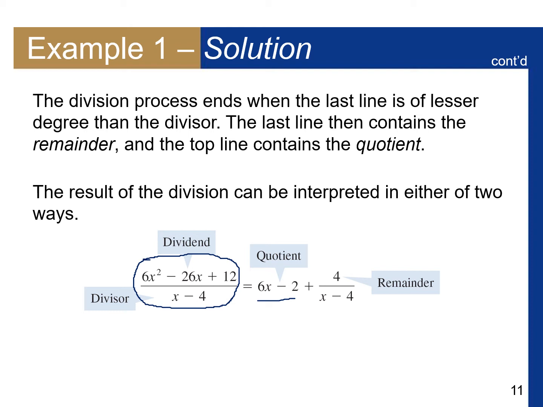Now, the other way of taking a look at it is what they showed you on the last slide is, okay, well, how can I know that this is actually equal to it? Well, I'm going to take my quotient, which is 6x minus 2, I'm going to multiply it by what I was dividing by, which is x minus 4.